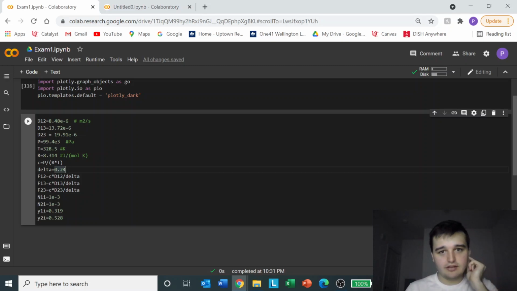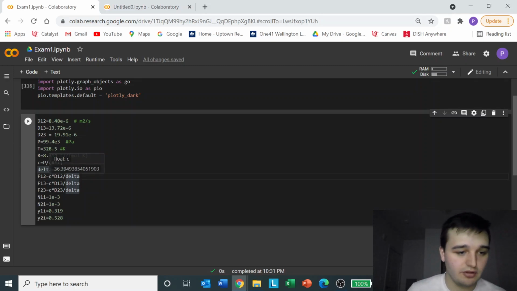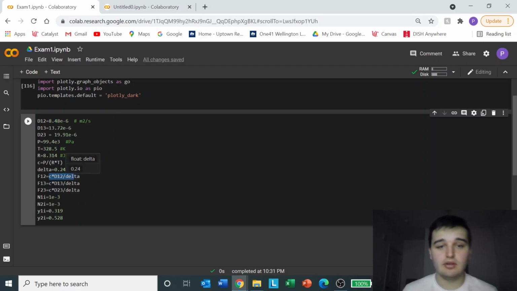Now, when we were scaling in part 1, our goal was to get the independent and dependent variables on a scale from 0 to 1, and we did that by making eta equal to z over delta. In doing so, we made the right hand side of the equation include a delta in the denominator. So we are combining the denominators in the Stefan-Maxwell relation equations.